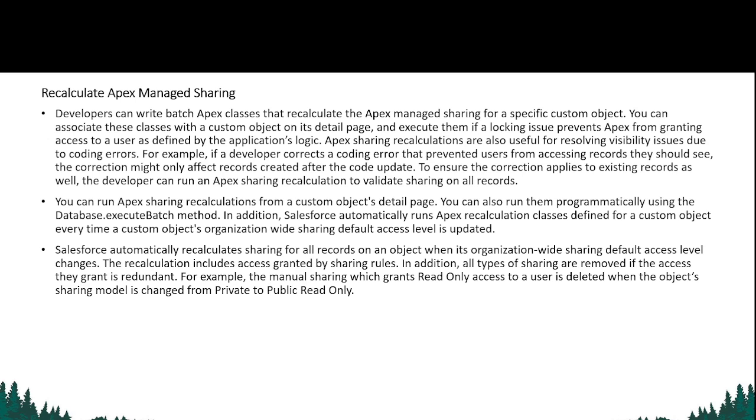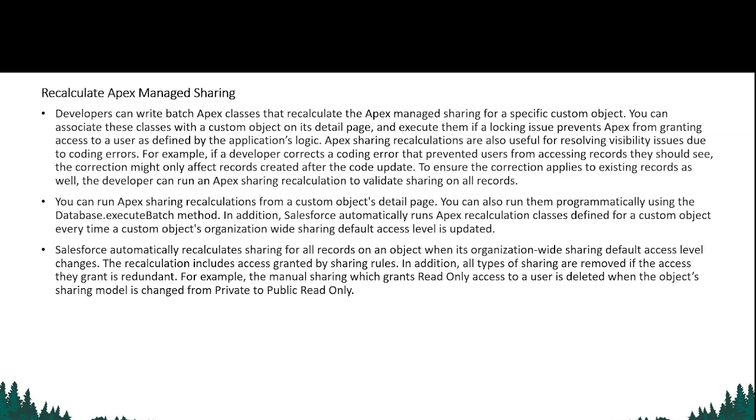Then after that, you are recalculating the Apex managed sharing. While using Apex managed sharing, developers need to keep in mind that the data is secure, cannot be changed by multiple users who do not have access permission, and should not be corrupted.